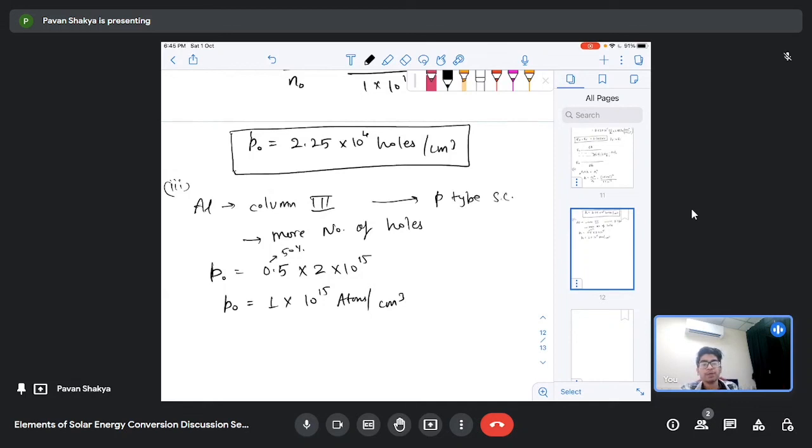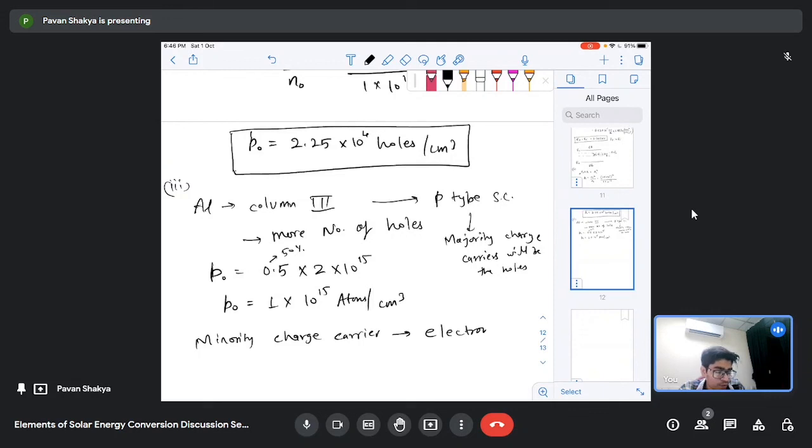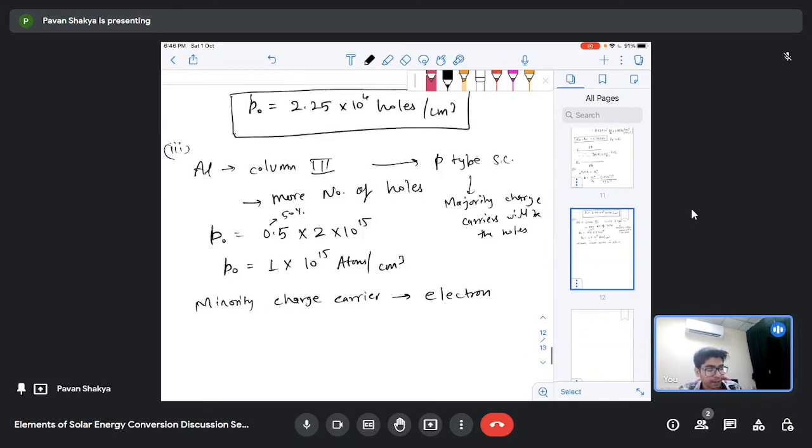In this p-type semiconductor there will be more number of holes, and because of this the majority charge carriers will be the holes, and the minority charge carriers will be the electrons. So we have to calculate the electron concentration, that is noted as N0.